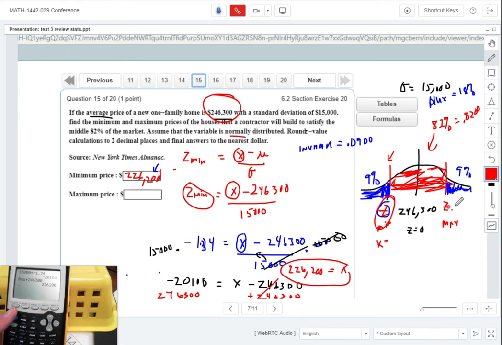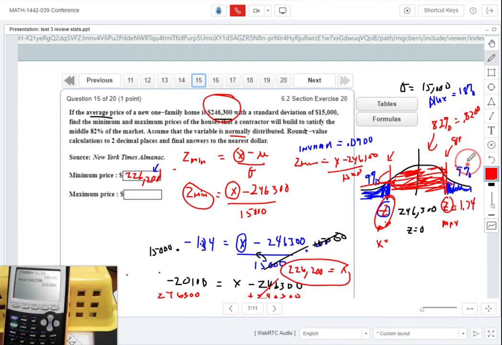To find this value, by the way, this is symmetrical, 9%, 9%. So if you put in 91% here, that'll give you this z value. Your z value for this side would be 1.34. I'm not going to finish the problem, but you're doing the same thing. Now you're trying to find z max. Everything's the same, except you have to find this z value.